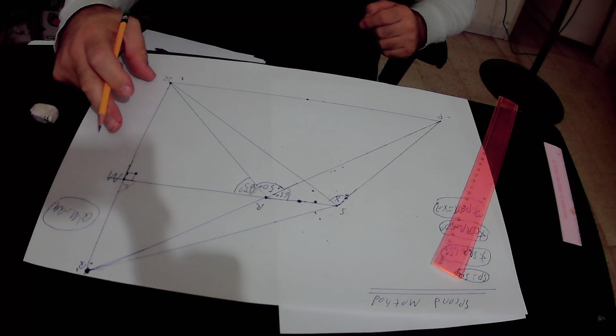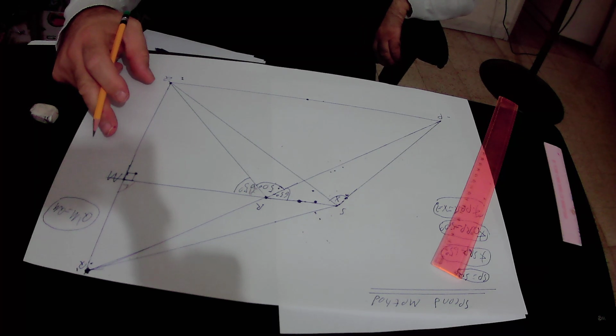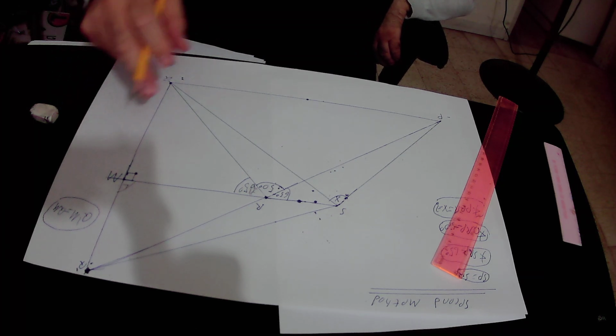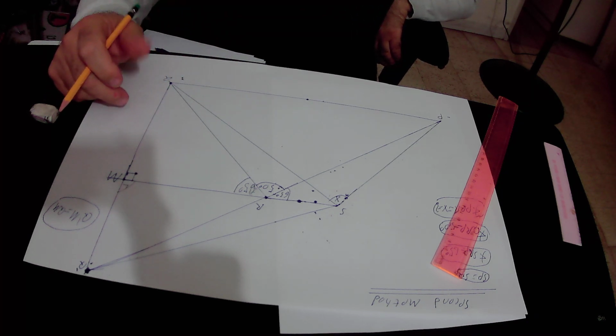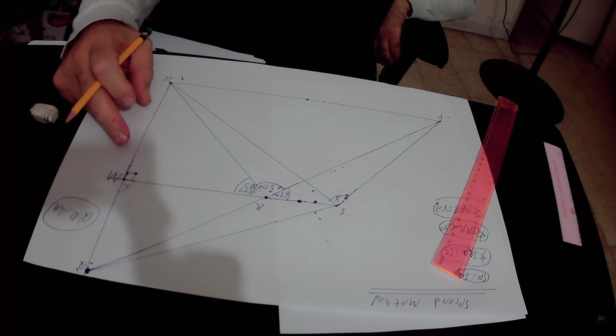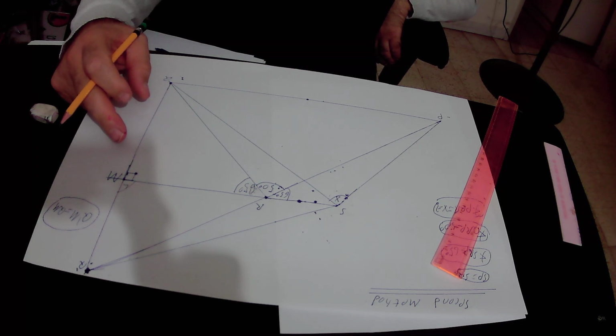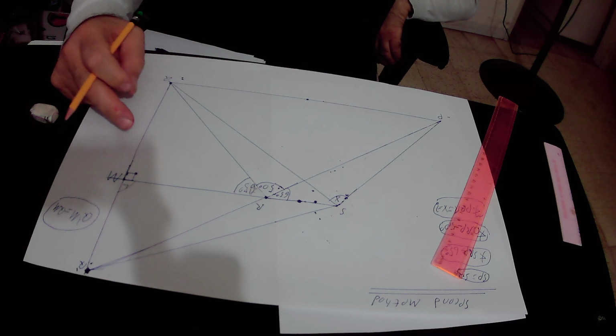Actually, QM is perpendicular to the extended SR. QM is perpendicular to SM. So QM as a perpendicular must be a straight line. And we extended this straight line QM by a straight line.